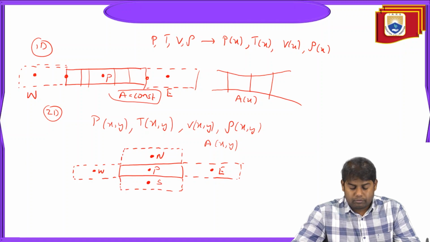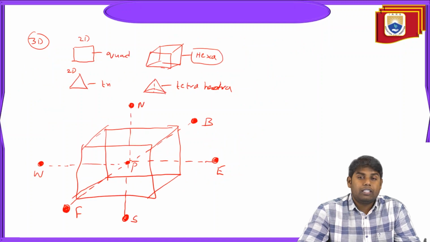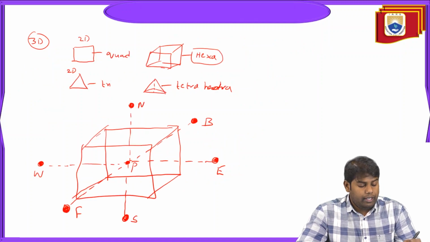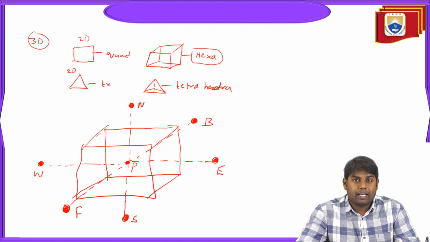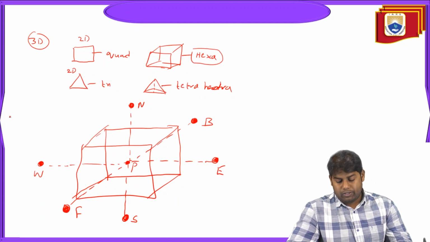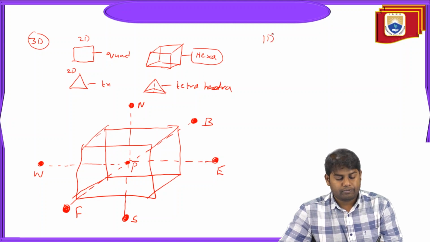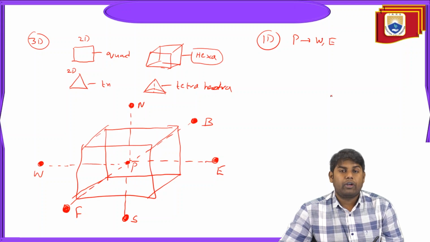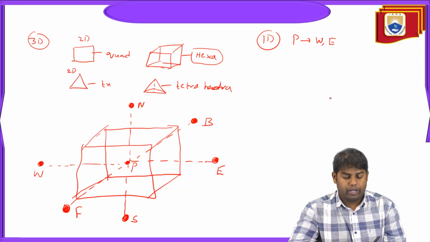Now in 3D, the point of interest P is calculated using the west node, east node, north, south, front and back. In the one-dimensional flow, point P depends on west and east, so it depends on two variables.